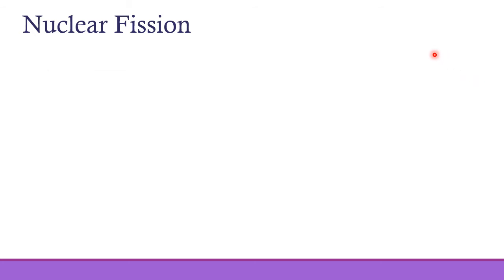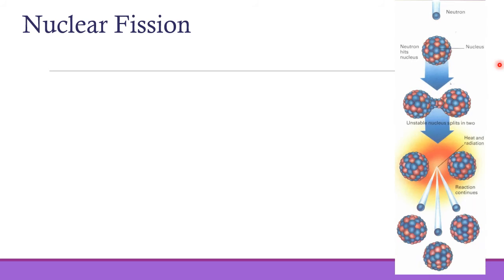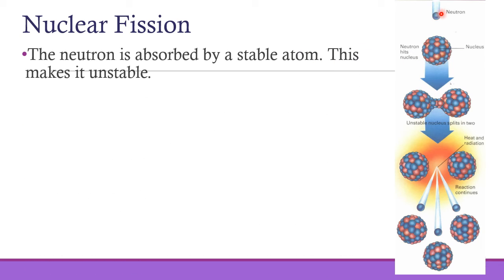Right, let's go into a little bit more depth on nuclear fission so we can understand. The neutron is fired at really high speeds towards this stable nucleus. This makes it unstable because now it has an unequal amount of protons and neutrons in its nucleus. The neutron itself is absorbed by the stable atom and makes it unstable.